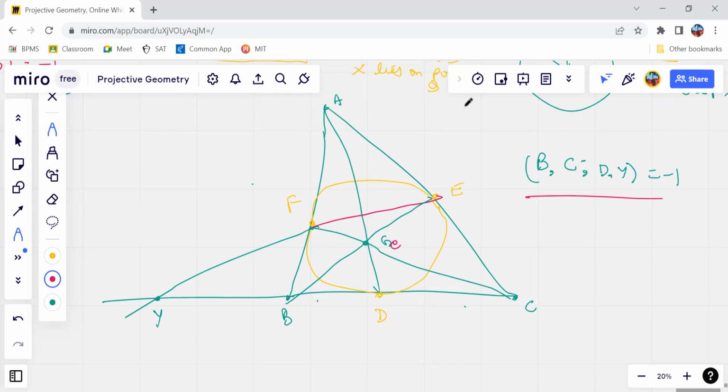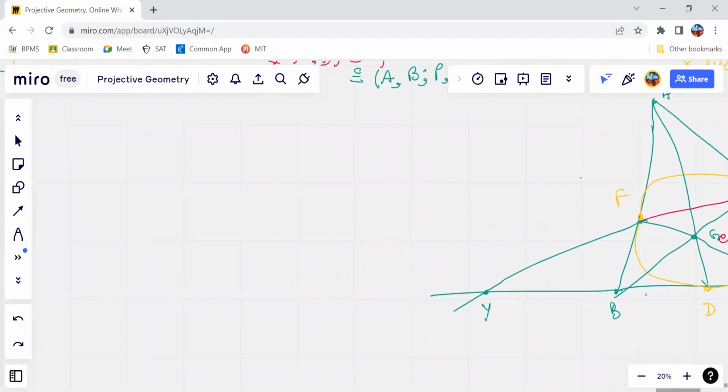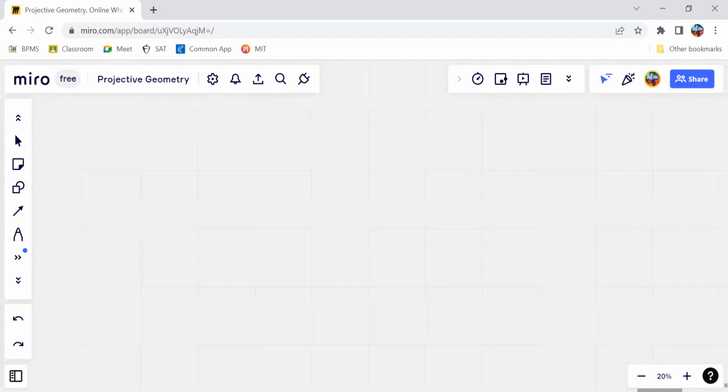Does that make sense? You don't need to know that they concur at one point. You just know that BD by DC is S minus B by S minus C, and if you sum cyclically, it's 1. So they do concur. So that's done with this problem. This was ELMO Shortlist 2012, I think.